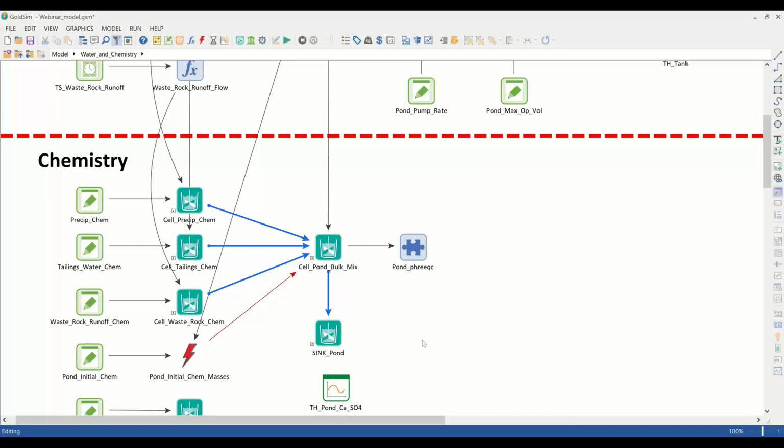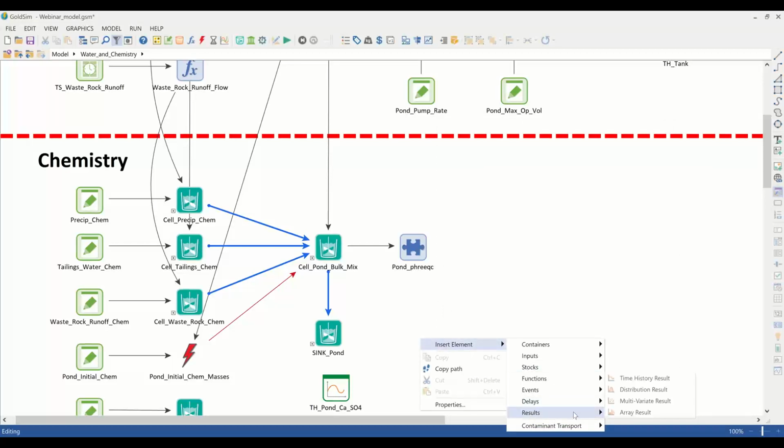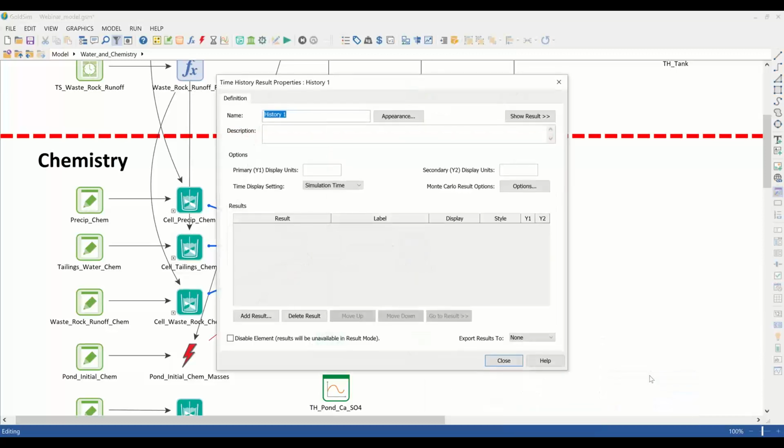And before I run it, I'll put in another result or time history element here so that we can get some results out of the pond that are equilibrated. So I'll just pick pH and aluminum.